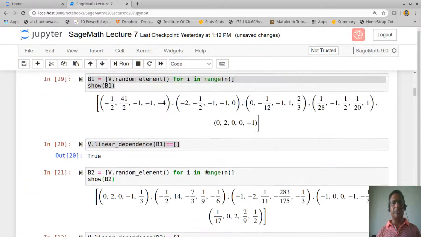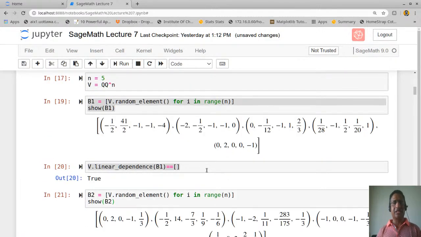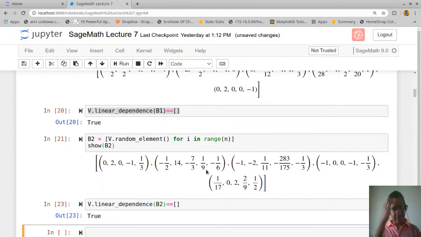Yeah, so this is also a basis. So I randomly selected 5 vectors in v, and they form a basis. So mostly what you can see is that the basis vectors are quite dense in the vector space, right?